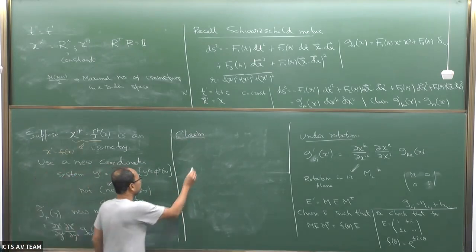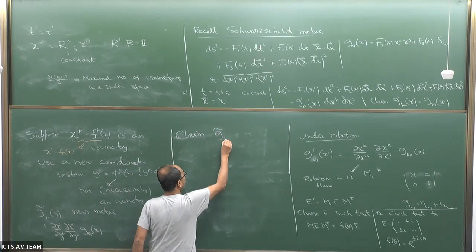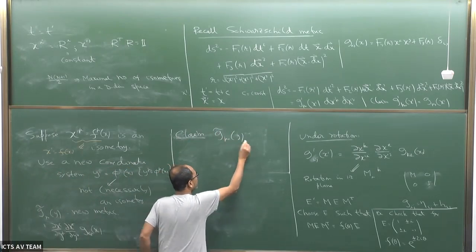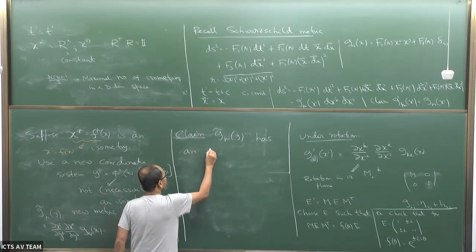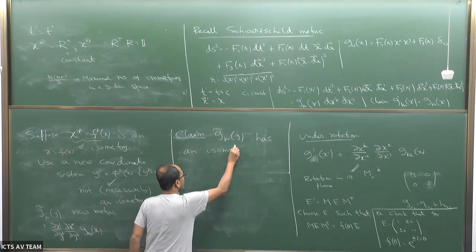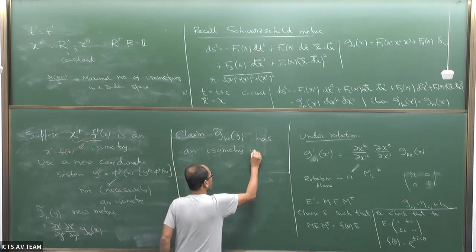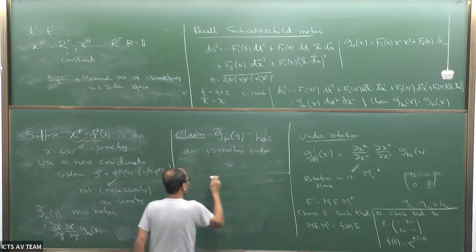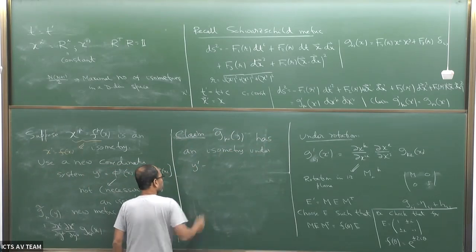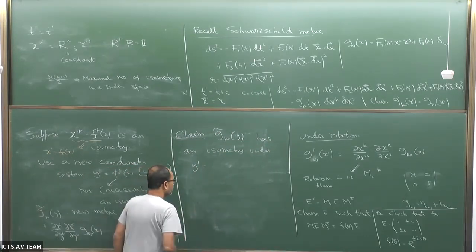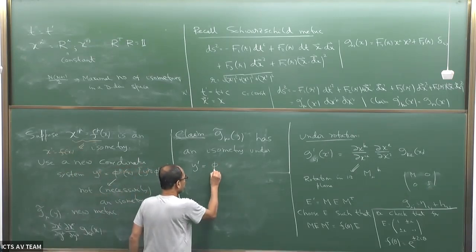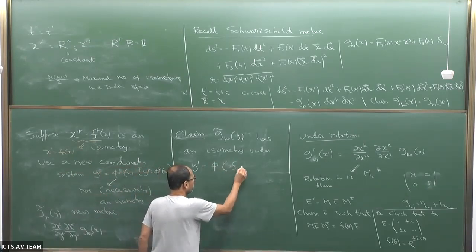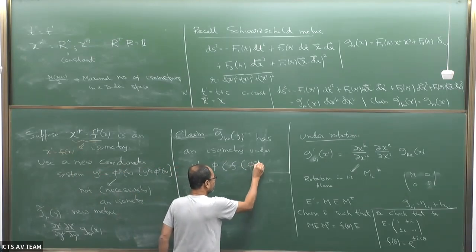That g tilde mu nu of y has an isometry under the transformation y prime, which is phi of f of phi inverse.